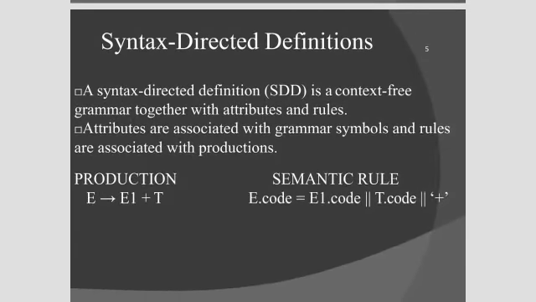Now, a syntax directed definition for the given grammar: a syntax directed definition is a context free grammar together with attributes and rules. Generally we say that a syntax directed definition is nothing but the collection of the given grammar and semantic rules.